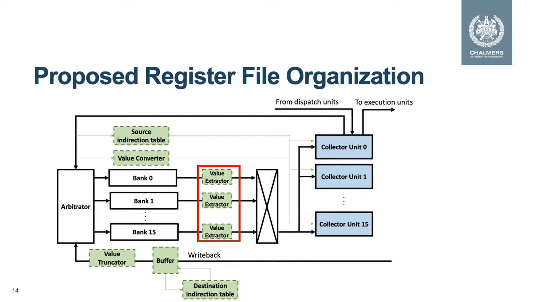The last step is to convert the value to a 32-bit float if needed, that is, if it's a float which is of low precision. After that, the operand is again stored in the collector unit before the instruction is released to the execution units. During a write-back, a separate indirection table is used so as to not create congestion on the critical path.